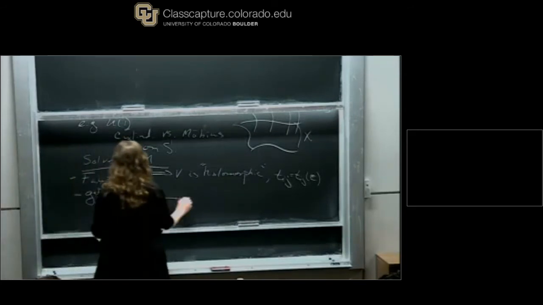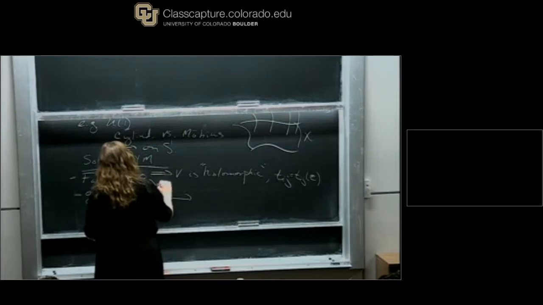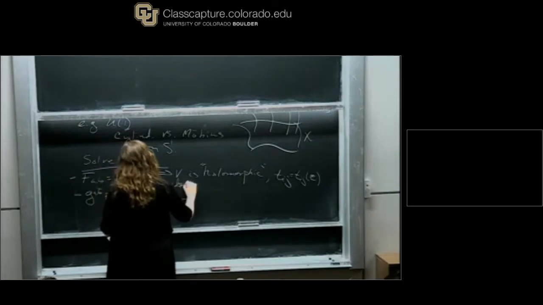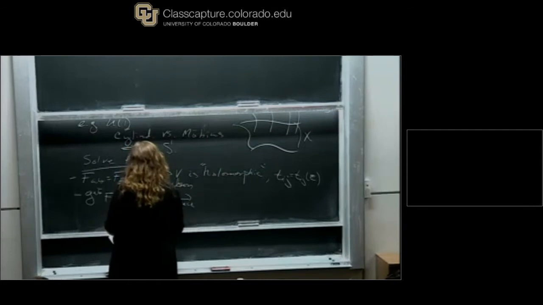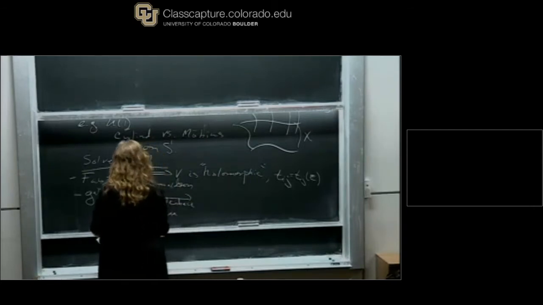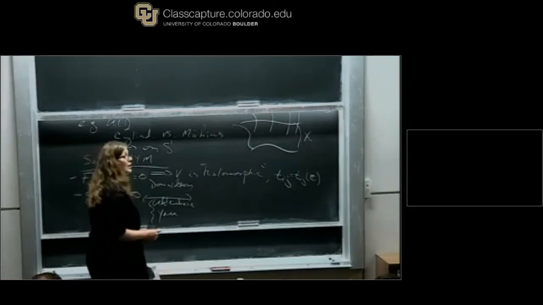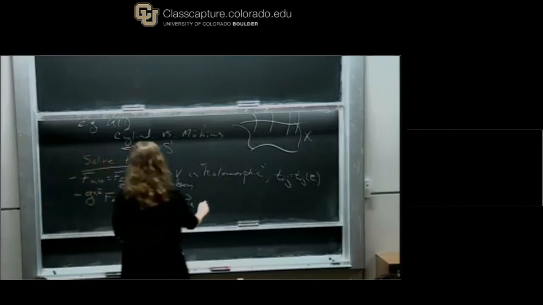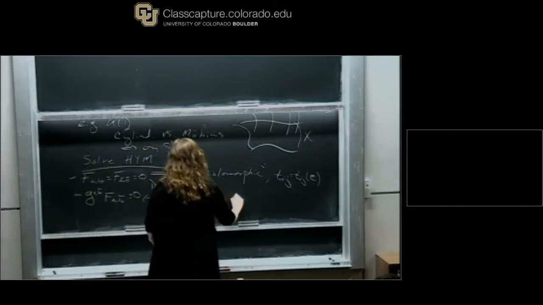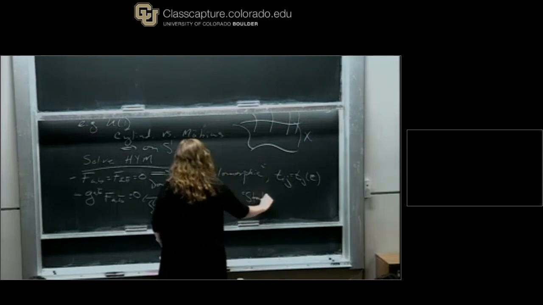So this is a theorem due to Donaldson, Uhlenbeck, and Yau. Historical note, Donaldson worked by himself, Uhlenbeck and Yau worked together on this. And what they proved is that the solution to this equation is one-to-one with a property in algebraic geometry known as V is a, quote, stable bundle.